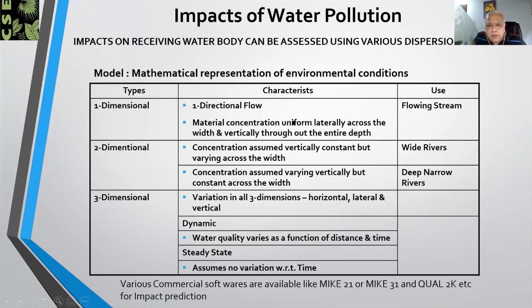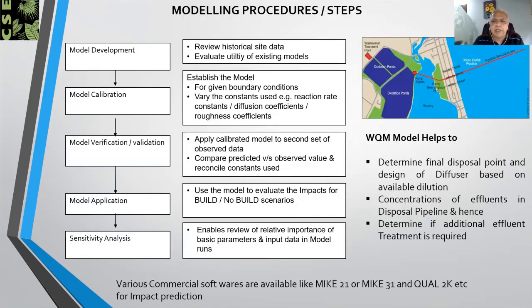There are various commercial softwares like Mike 21, Mike 31, or Qual 2K, which are used for such impact prediction. Now, water quality modeling is, of course, a very complex task and is best done by professionals who are well aware of the subject.